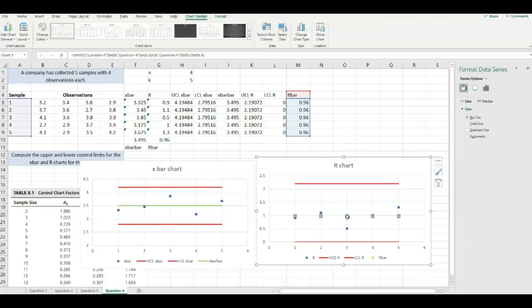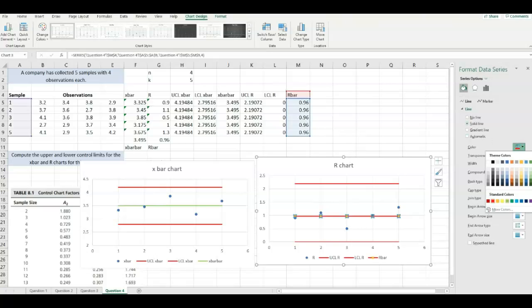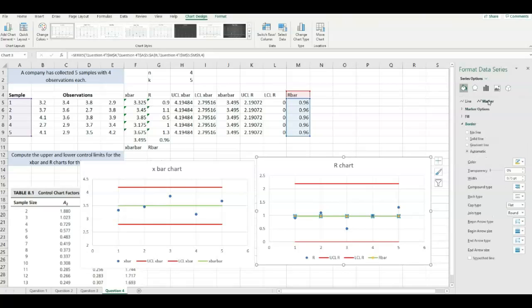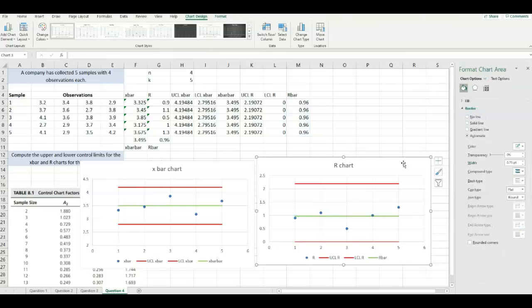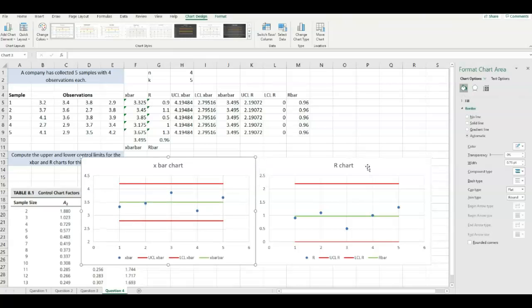And then the R bar in the middle, we want a solid line, but we're just going to go with green so that stands out from the control limits. And once again, we want to eliminate the markers. So we can now take a look here and see all of these individual blue dots.